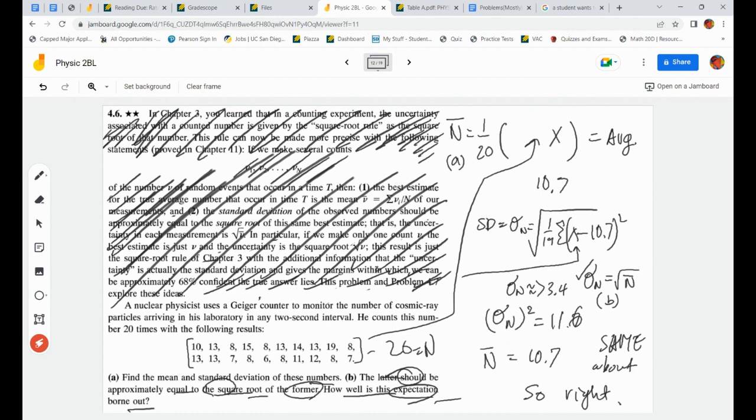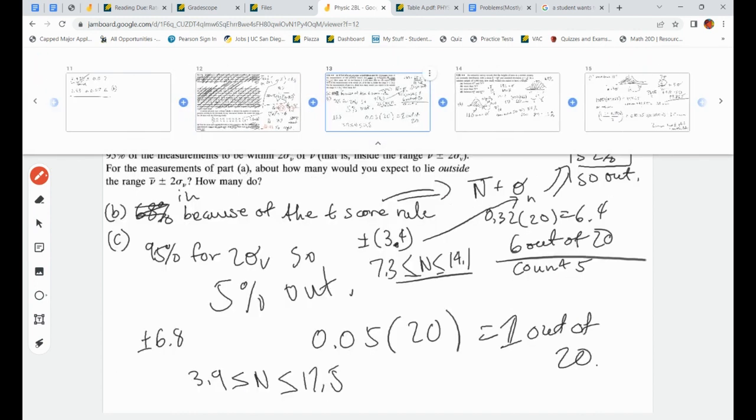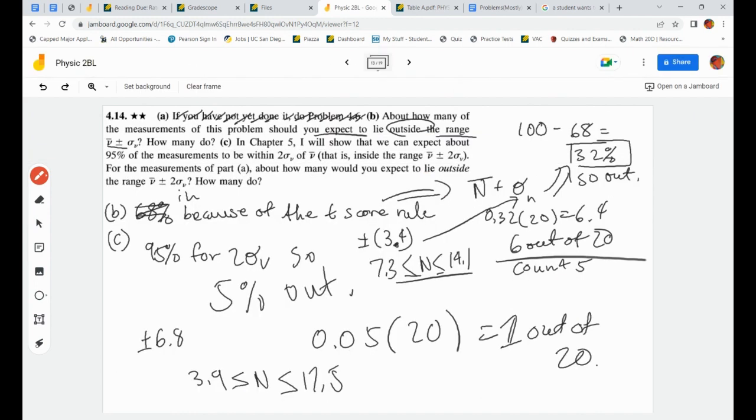The square root of 10.7 gives you 3.2, and I like red better. If I square root n, it equals 3.2, which is close to this number, which is also a credible answer for B. If you wanted to do both ways, it doesn't really matter.